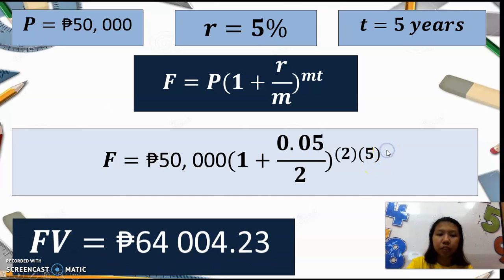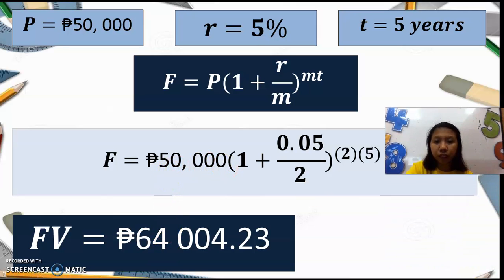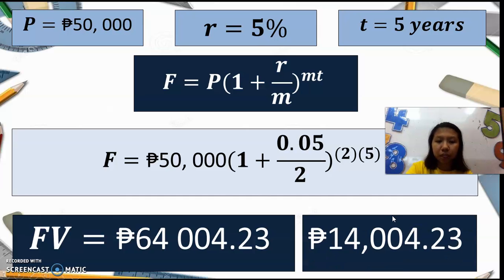Upon using the calculator, we will have 64,004 pesos and 0.23 centavos for the future value. To get the interest, we just subtract the principal amount, which is 50,000, from the future value. So the interest will be 14,004 pesos and 23 centavos.